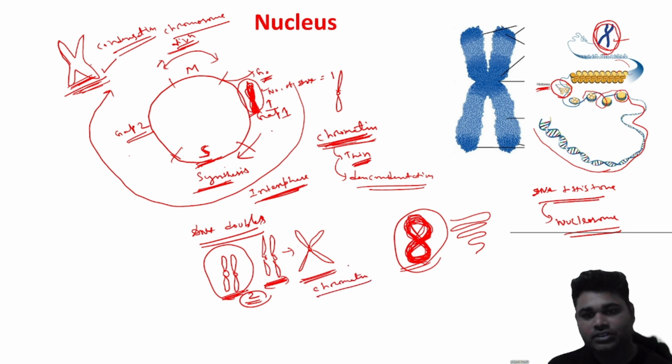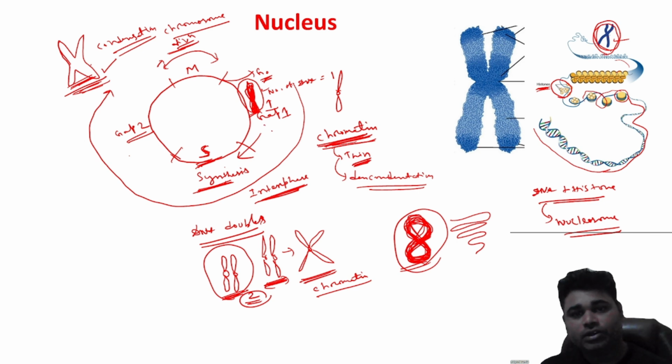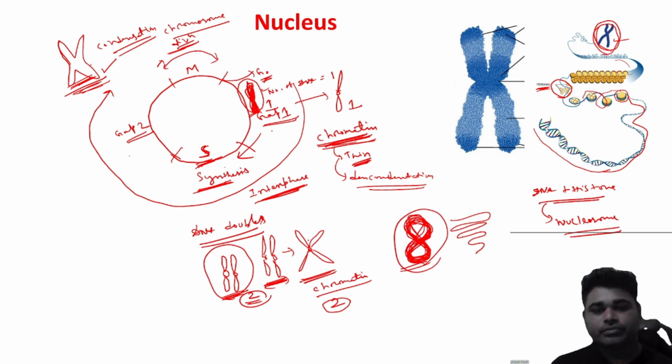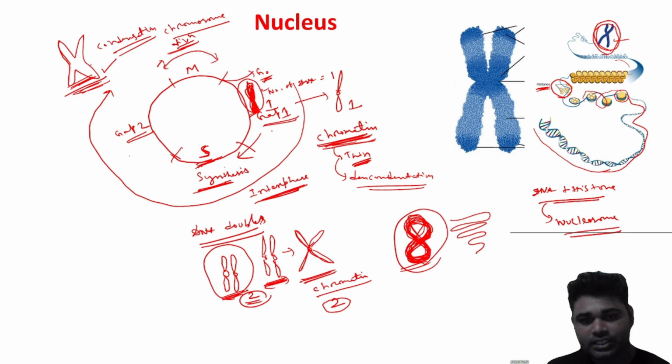So now in the S phase, the chromatin is present. In the gap one, the chromatin is present, but the DNA number is 1. But in the S phase, the DNA number is 2, because one DNA structure forms one chromatin, and another forms another chromatin.